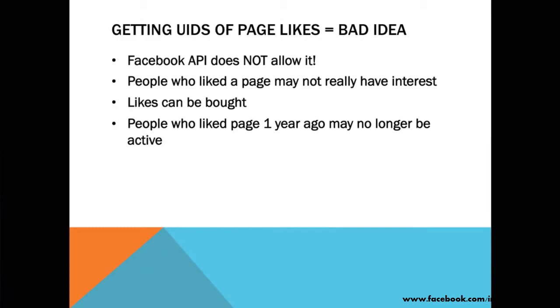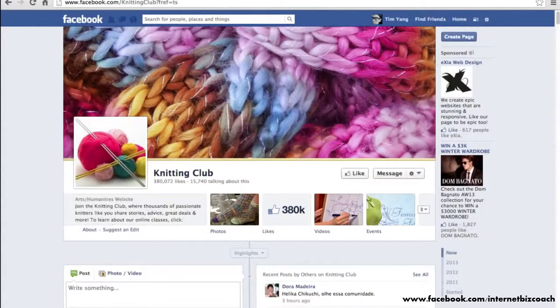Let me give you an example. Here is a knitting club page. You can see it's got 380,000 likes. Now that's a lot of likes. Not really sure whether all these likes are genuine or not, but in any case it's 380,000.